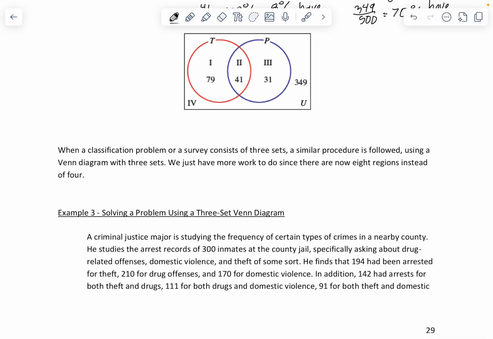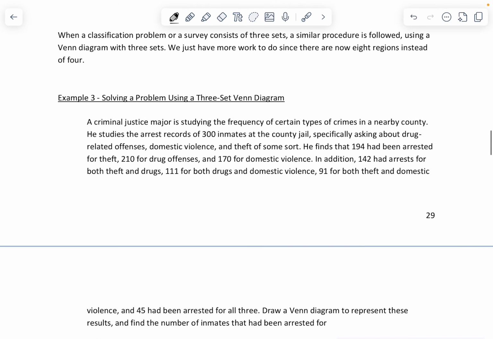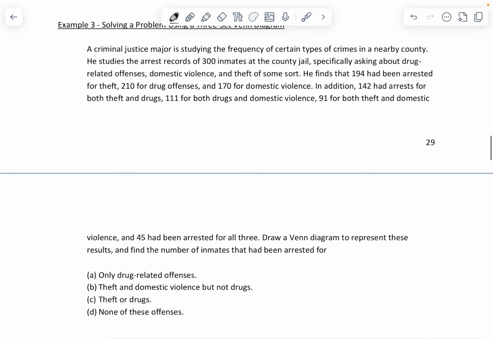In addition, 142 had arrests for both theft and drugs, 111 for both drugs and domestic violence, and 91 for both theft and domestic violence. And 45 had been arrested for all 3. Draw a Venn diagram to represent these results and find the number of inmates that had been arrested for only drug-related offenses, theft and domestic violence but not drugs, theft or drugs, none of these offenses.